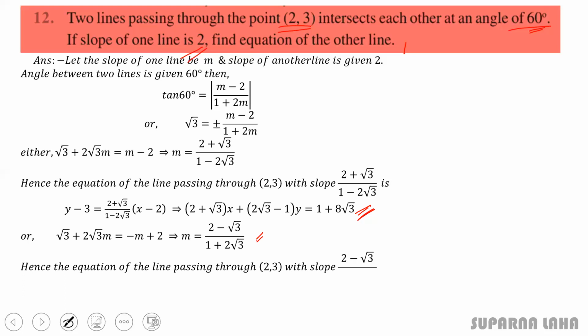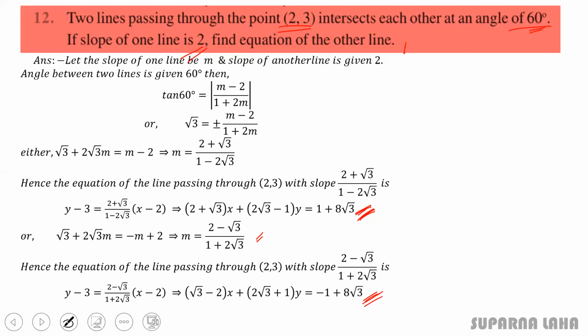So use the point-slope form, y minus y1 equals m into (x minus x1). So y minus 3 equals (2 minus root 3) by (1 plus 2 root 3) into (x minus 2), and simplify it, you will find the other equation of the line. So for two cases, two equations we can establish. These are the answers for this question.